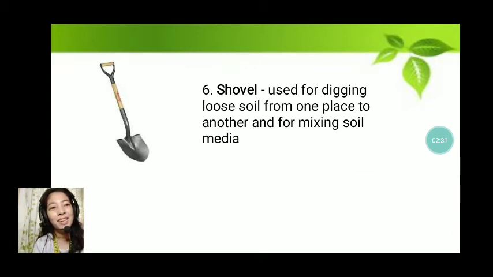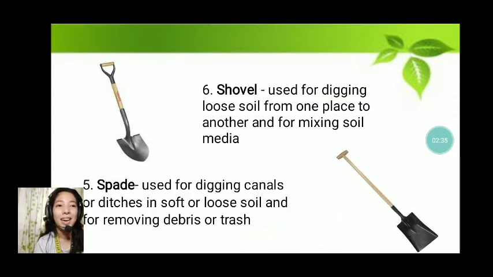Yes. And then we have the spade. It looks like a shovel, but a spade has a different use. It is used for digging canals or ditches in soft or loose soil and for removing debris or trash.